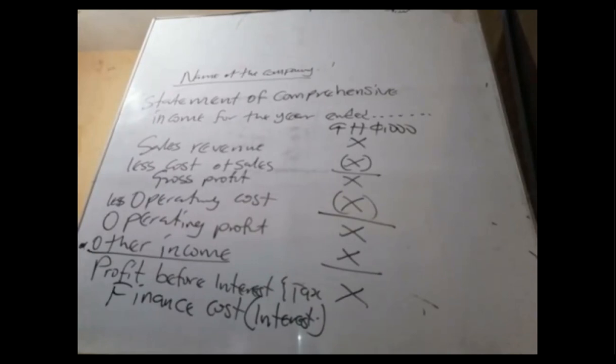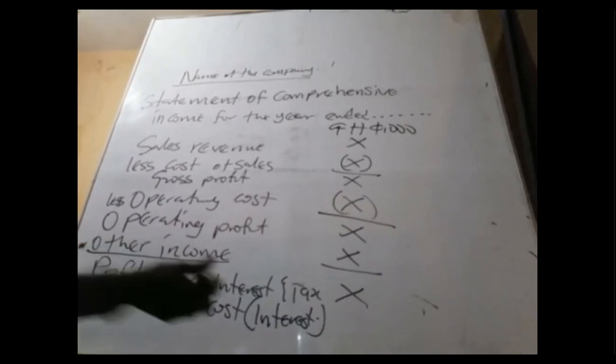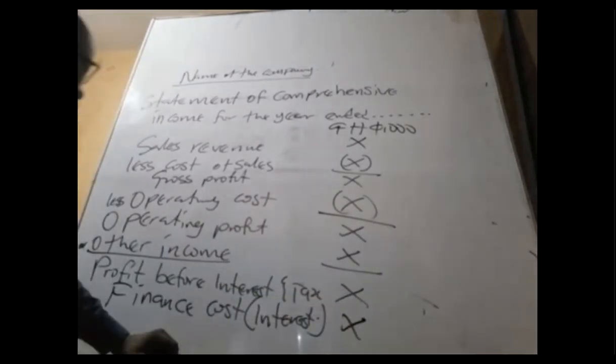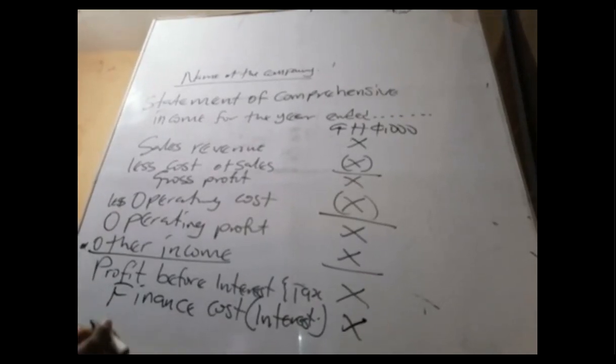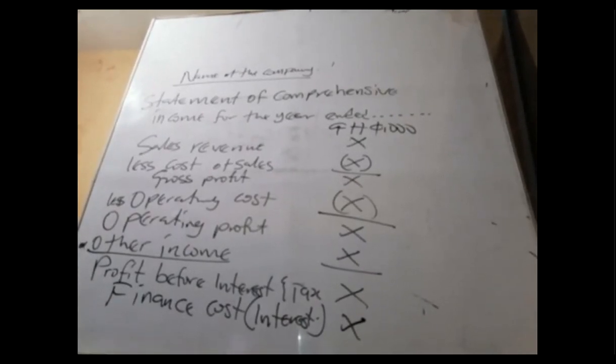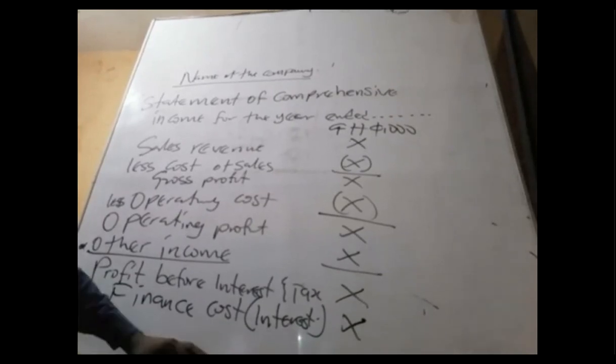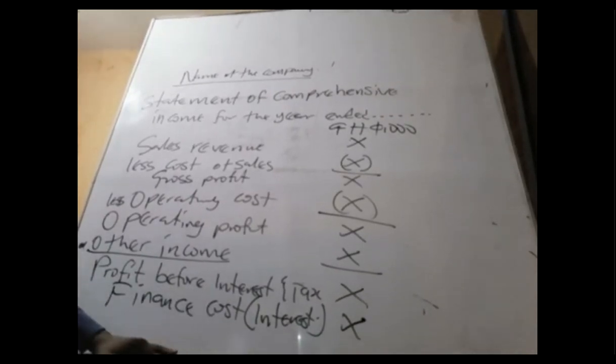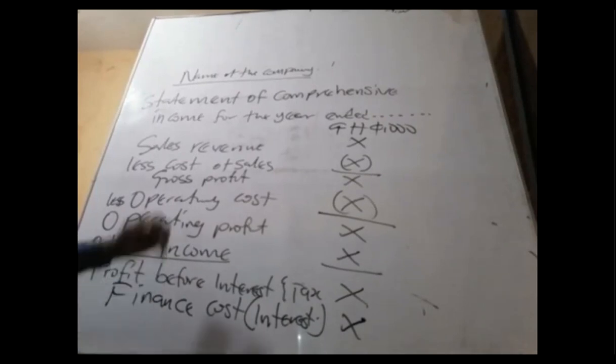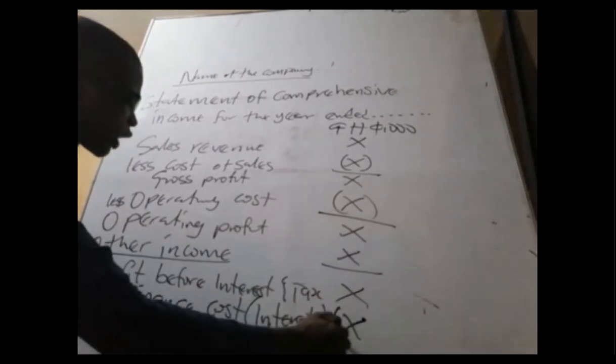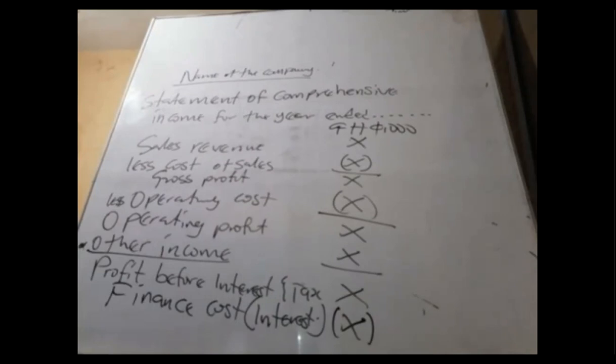Okay. We'll look at how to obtain that figure, and then we move on. Now, should I add or subtract finance cost? Should I add it to the profit? All costs, all expenses need to be subtracted.